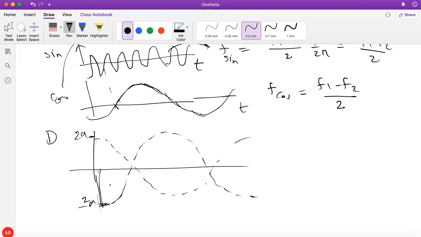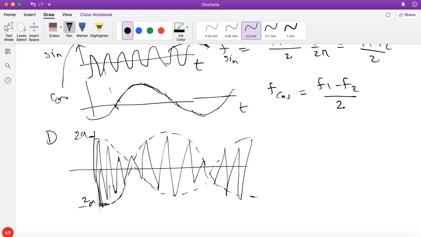The sine can go between plus and minus 1, so it's going to look something like this. These are the faster oscillations from the higher frequency sine factor.